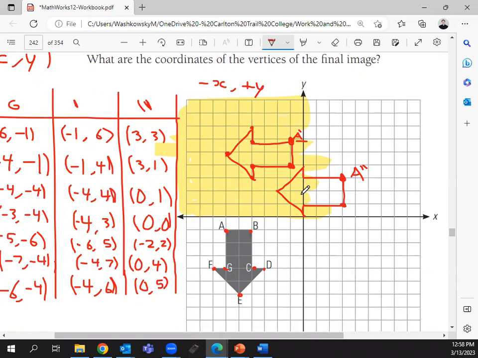So the primary skill I really want you to take away from this is, I'm pretty sure if I just gave you the chart in those instructions, you could do it. The primary skill you need to take away from this, though, is you're going to be expected to be able to work with the coordinates themselves directly. Now, if you want to draw a coordinate plane and draw the shape, you can do that. It will take more time, but if that helps you, that's something you can do. They'll let you do that on some scrap paper or something.